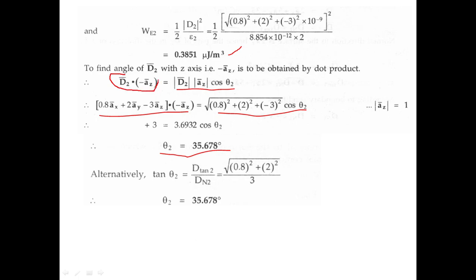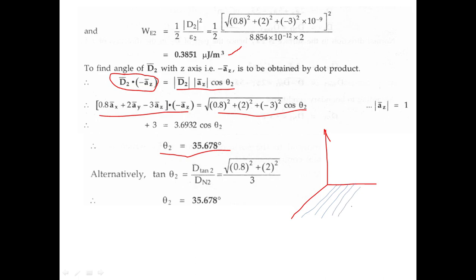D2 dot minus AZ cap, because this was the quadrant which we had taken. So this was the plane which we had taken, right?